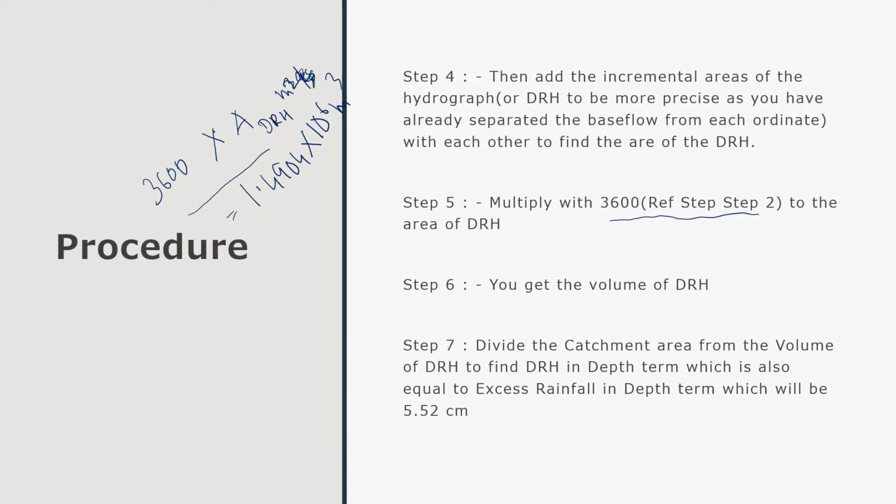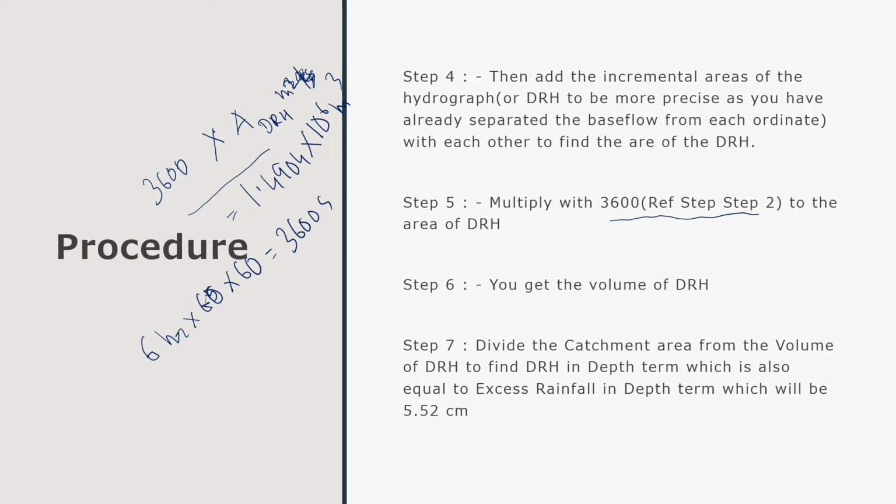So in case of area of DRH, let me recapitulate a little bit. When you are multiplying 6 hour into 60 into 60, you are getting 3600 second.